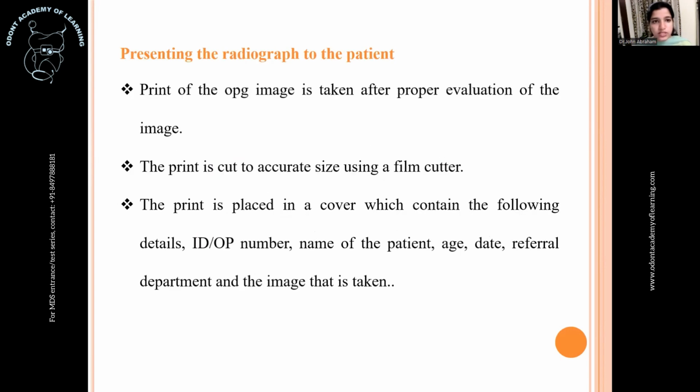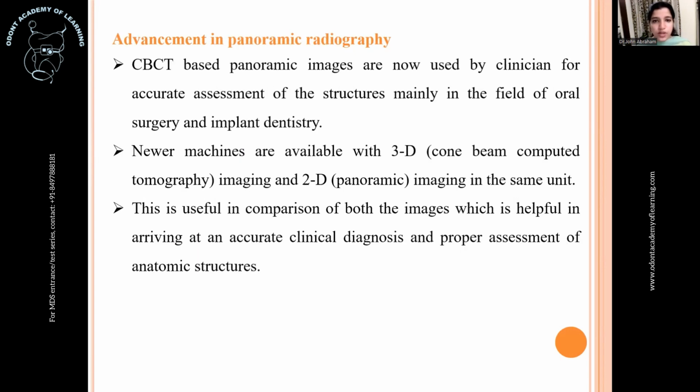Next is the advancement in panoramic radiography: CBCT, that is three-dimensional imaging, cone-beam computed tomography. CBCT-based panoramic images are now being used by the clinician for accurate assessment of structures, mainly in oral surgery and implant dentistry. It has gained popularity in almost all fields.